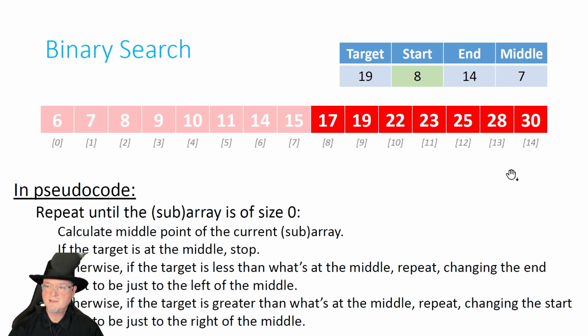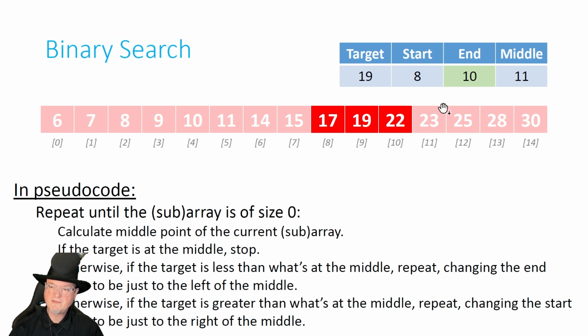And we also need to do something about the middle, because that's the old middle, but the new middle is 11. Okay, so out of these 5 values, the new middle, and the value at that is 23. Well, now our target is less than what's at the middle, and so we're going to repeat, changing the endpoint to be just to the left of the middle.